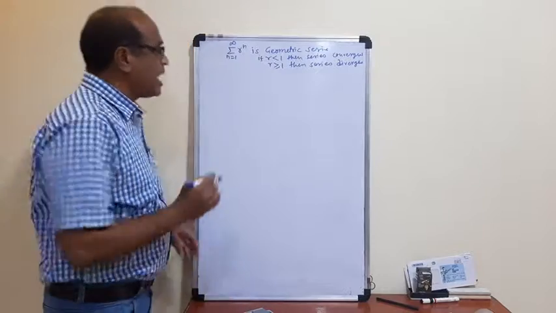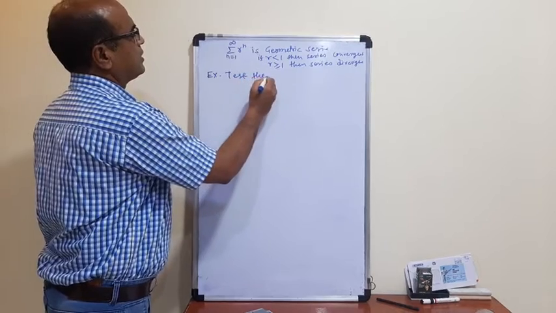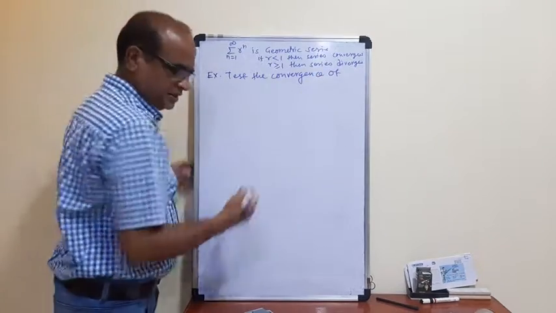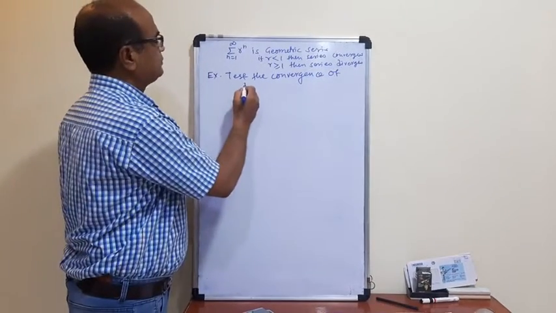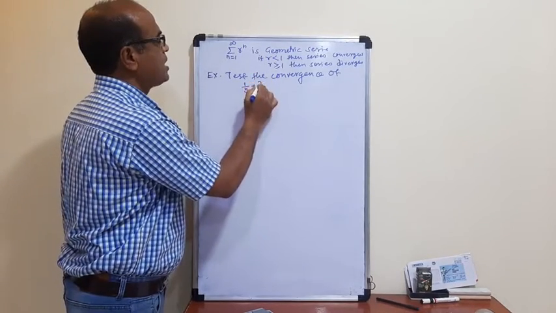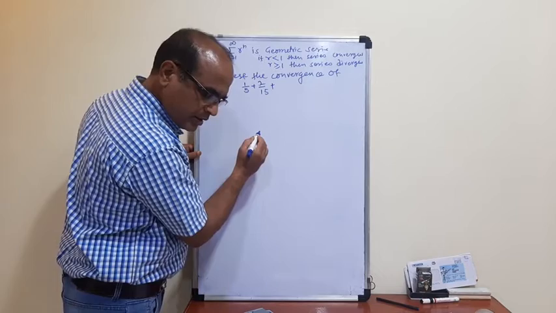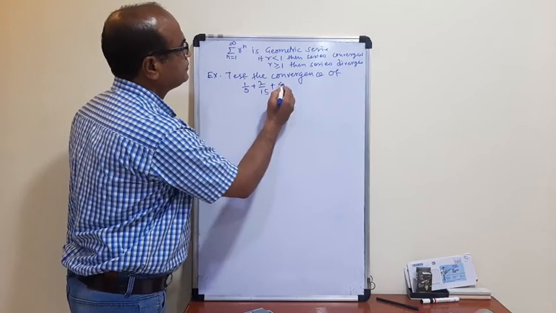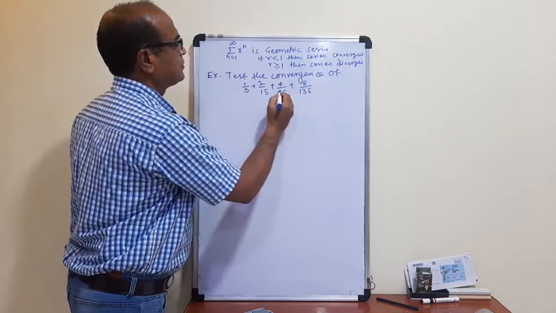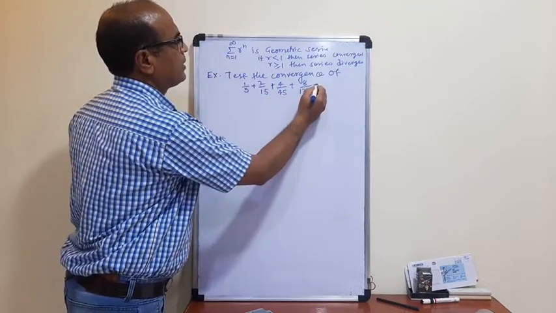In this lecture, we take an example. Test the convergence of the following series: 1 by 5, plus 2 upon 15, plus 4 upon 45, plus 8 upon 135, and so on.